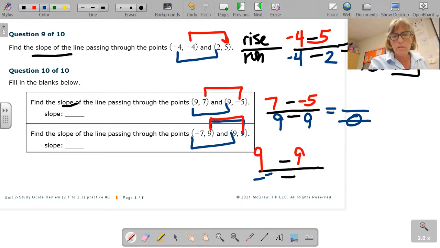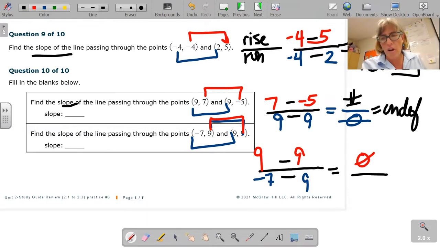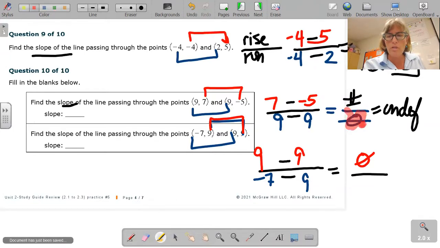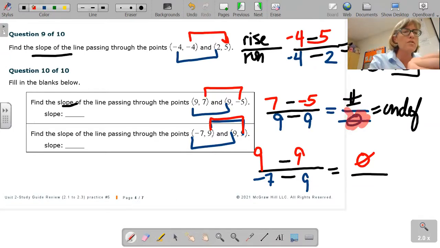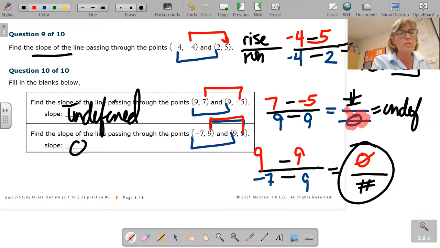And right off the bat, here I have a 0 in the numerator. Get this straight. Any number over 0 is undefined. A 0 in the denominator is undefined. It's a vertical line, undefined. 0 over any number, 0 on top is 0.